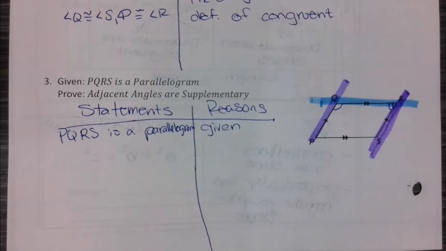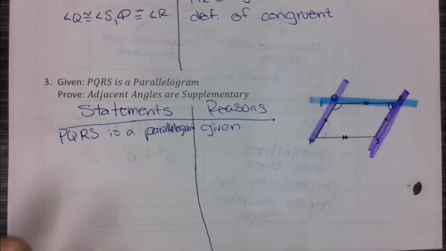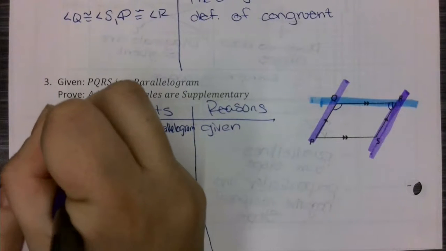No, I mean, it should remind you of a parallelogram. But what are the things I highlighted remind you of? The parallel lines and transversals at the beginning of the year? So I can use that to say that these two are supplementary, but why? What was that type of angle pair?